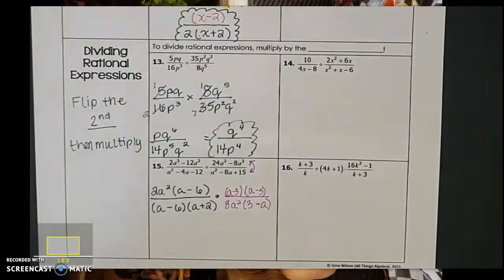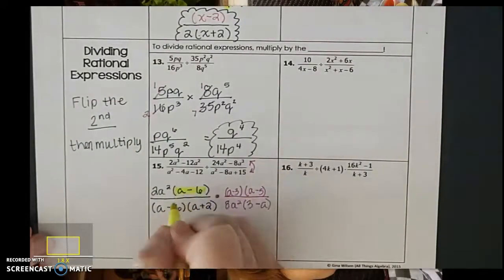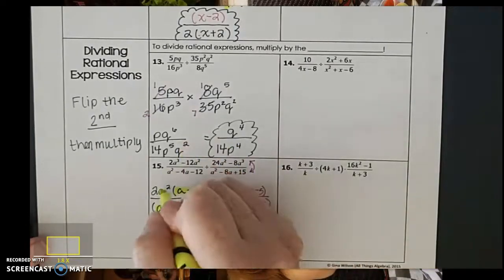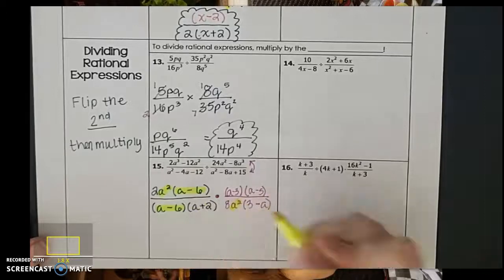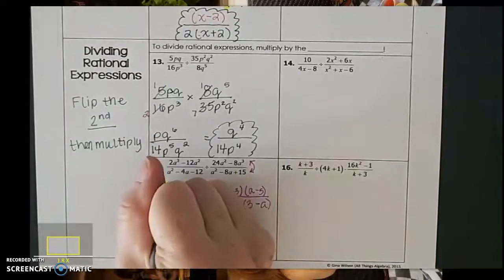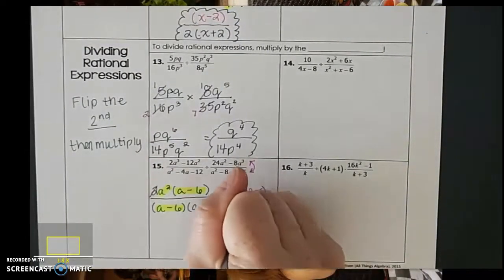When I reduce, I have an a minus 6, an a minus 6. I have an a squared and an a squared. And then 2 and 8 will reduce. This 2 will become a 1, and this 8 will become a 4.